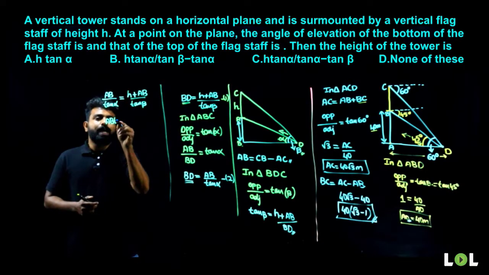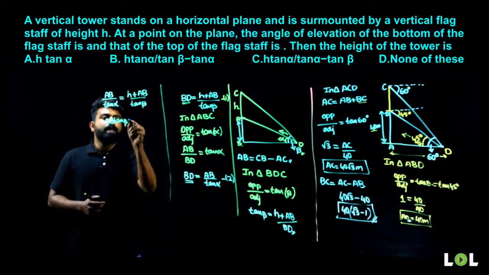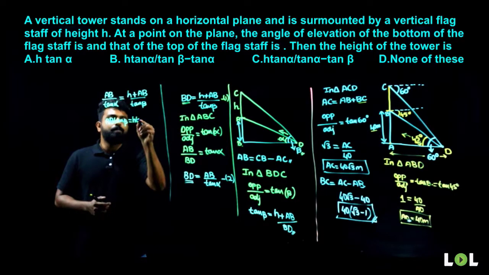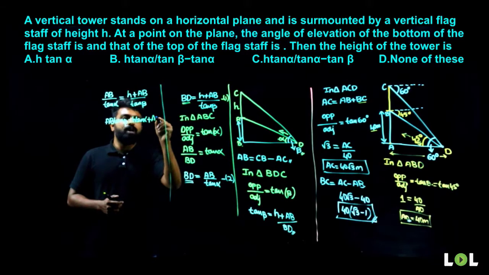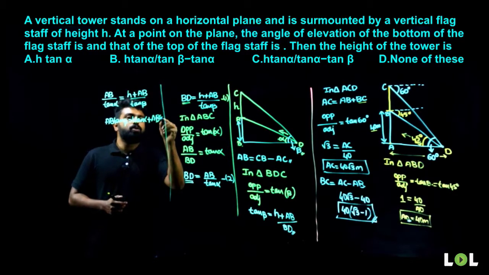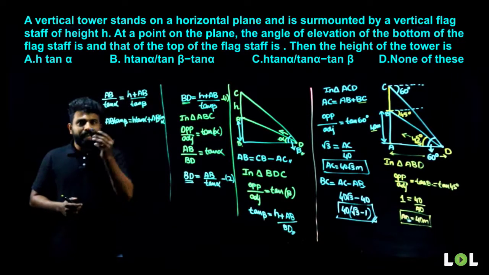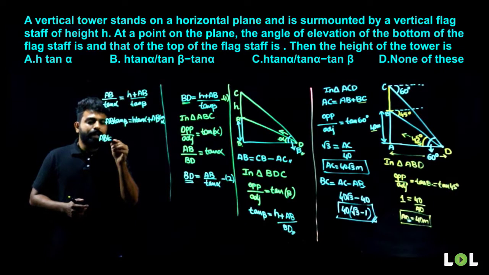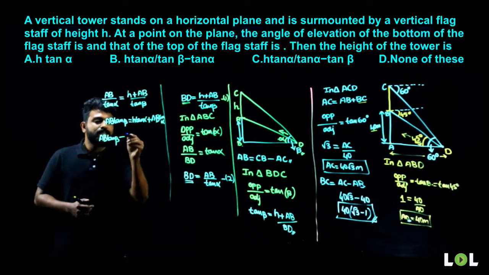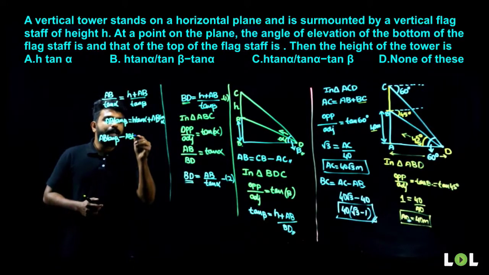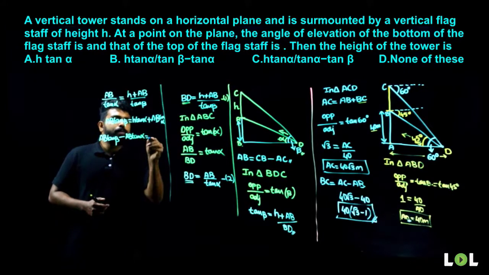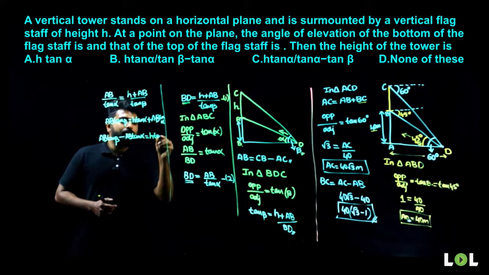AB into tan beta will be equal to h tan alpha plus AB into tan alpha. If I take AB to one side, what do I get? AB into tan beta, and this coming to the other side, minus AB into tan alpha, will be equal to h tan alpha.